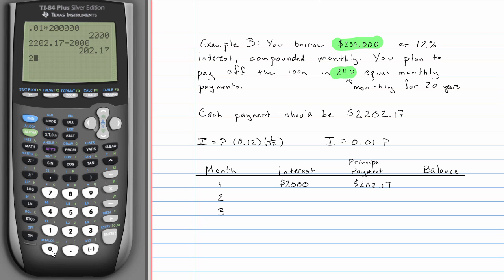After that first monthly payment, the $200,000 is only down to $199,797.83. That's barely anything. If you look at that number, you say, well, that's basically $200,000.